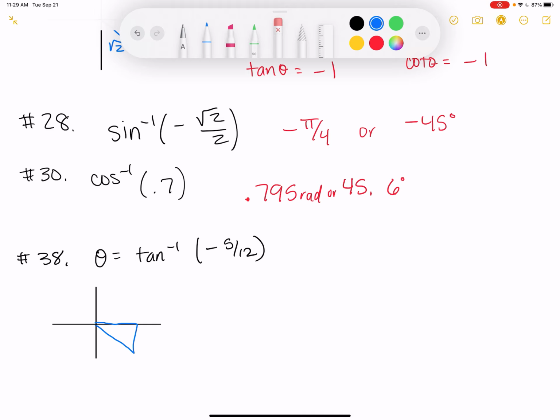I have it wrong in my paper. That's why I was confused. Okay, 5 and 12. This 5 has to be negative.